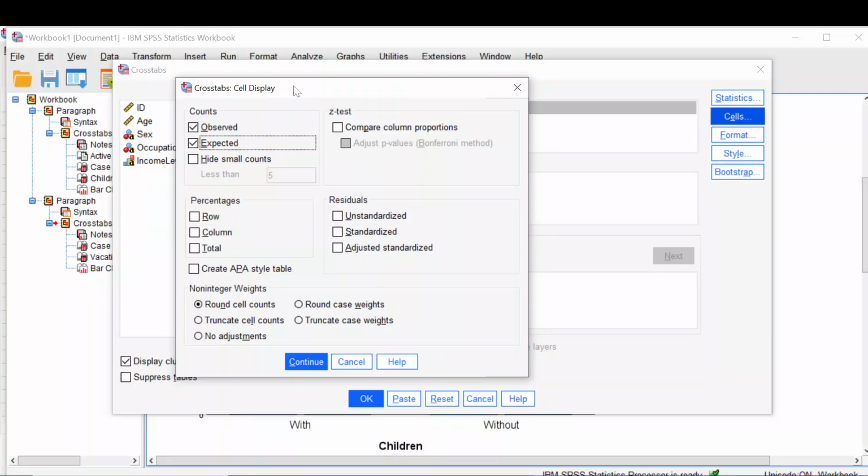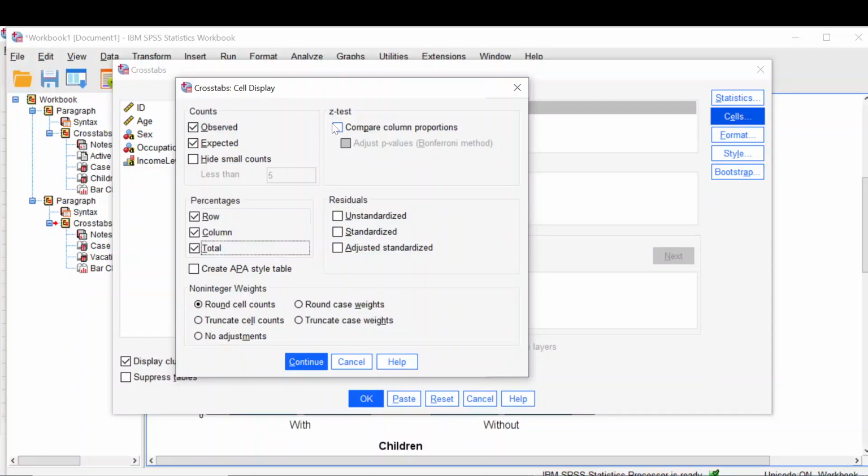It's a 50% chance each time. So SPSS thinks about what they expect those values to be based on the information that's given. Okay. We will also get some percentages. So we'll get a row, column, and total. The table will look a little busy, but it's good to have all this information to make our decisions from.